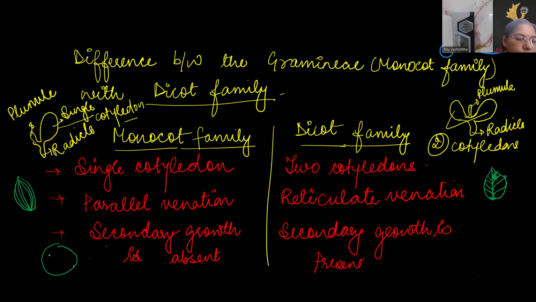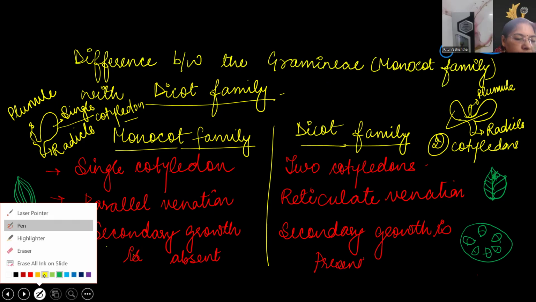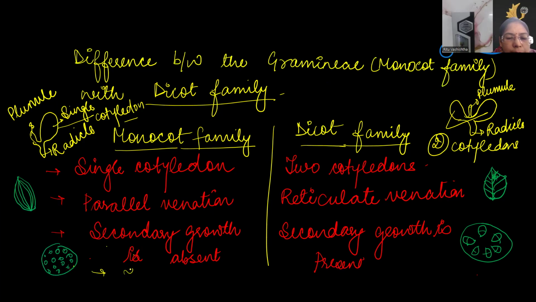Secondary growth is absent because the vascular bundles are scattered and the cambium is absent. Here the vascular bundles are arranged in the form of a ring and the cambium is also present. So that's why secondary growth will occur. Another major difference we discussed is the type of root system.